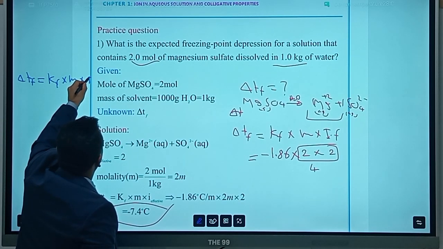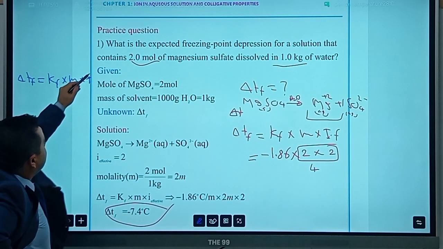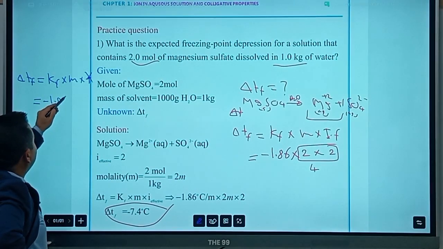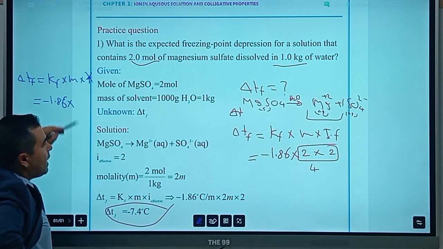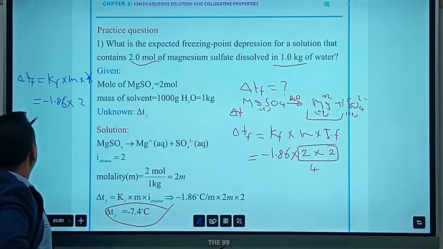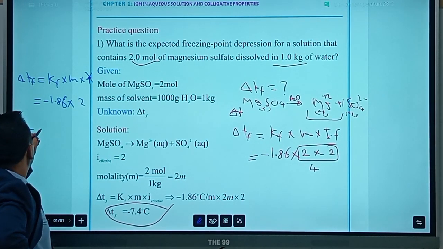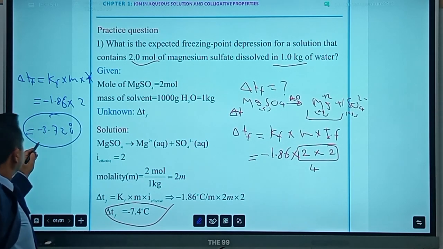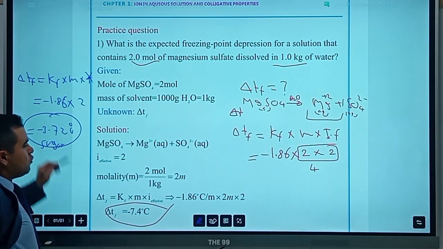This is the ion factor of the sugar, so we will not consider it in the calculations. Minus 1.86 multiply 2 divided by 1 is 2. 2 multiply minus 1.86 is minus 3.72 Celsius. This is for a sugar solution.